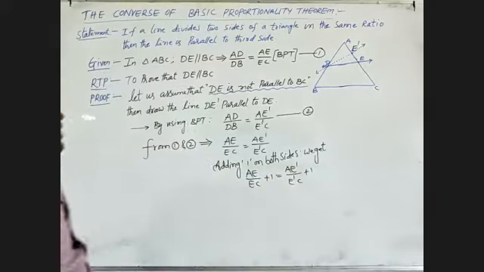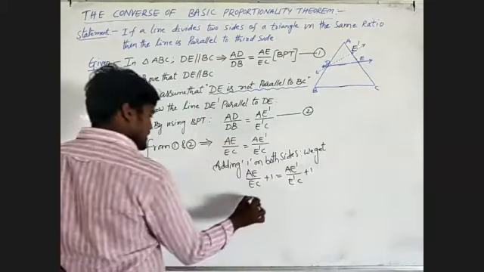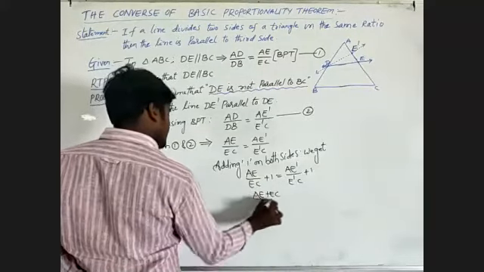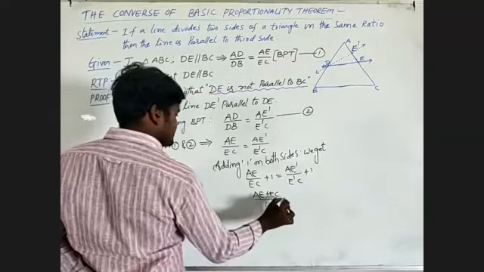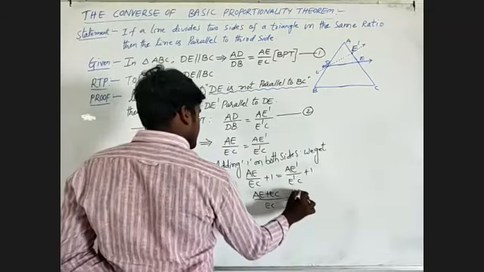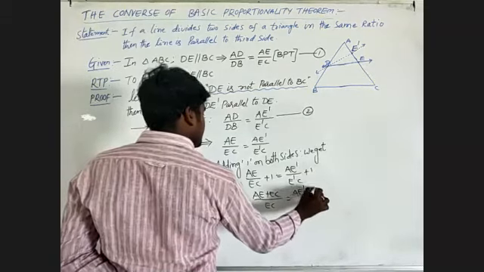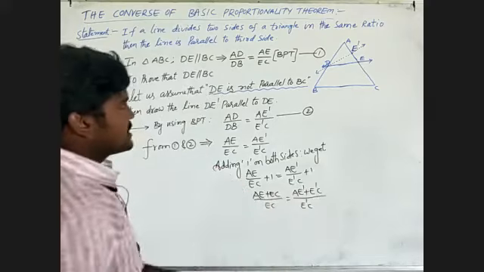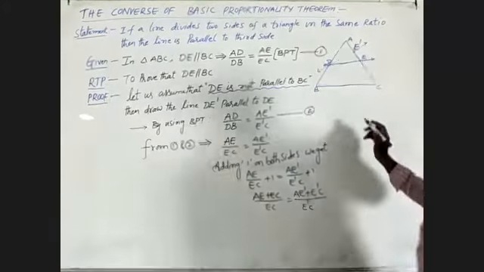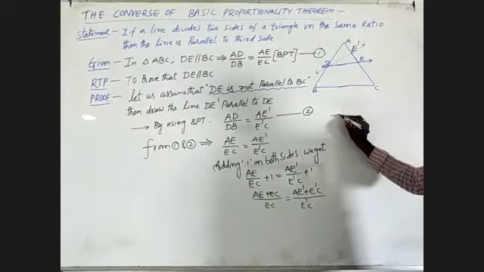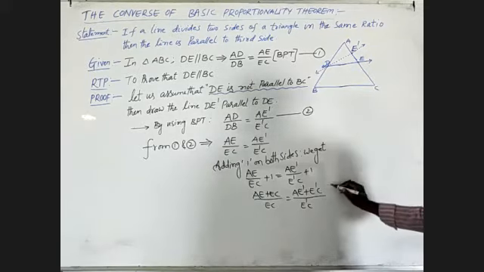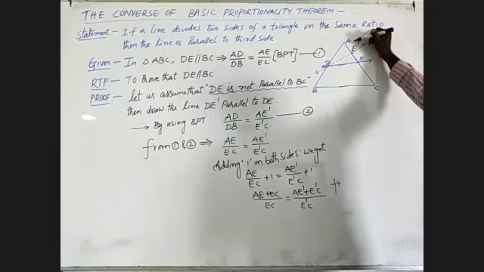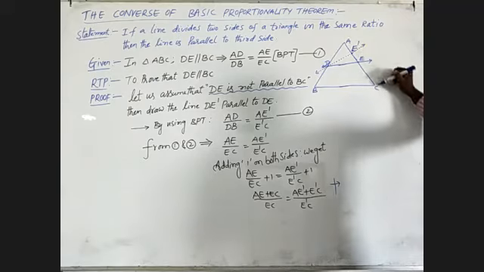That will be written as AE plus EC by EC is equal to AE dash plus E dash C by E dash C. We will observe in this given figure what we have to write here. Here, first I have to write AE plus EC.